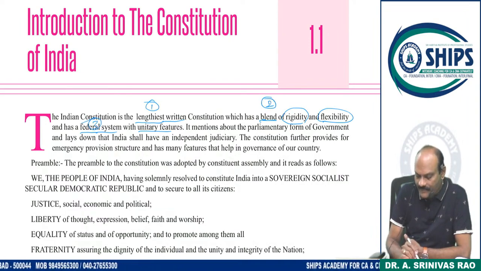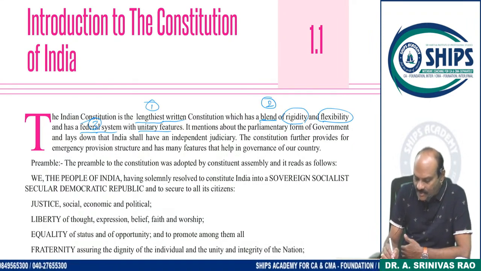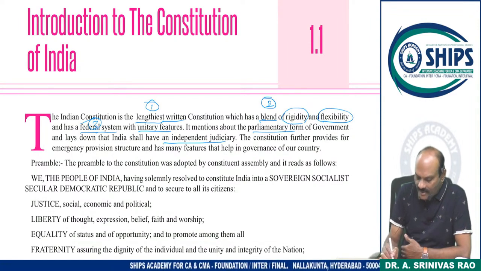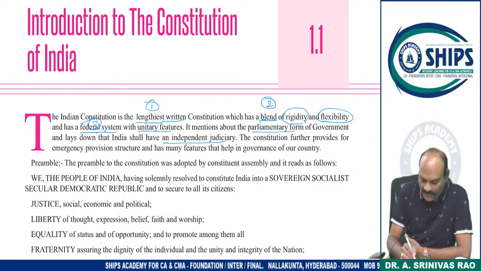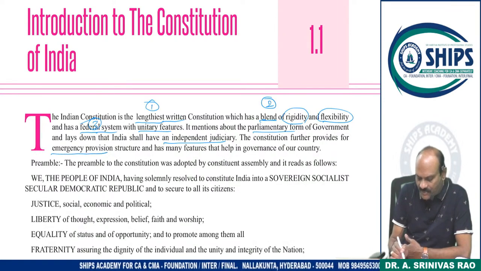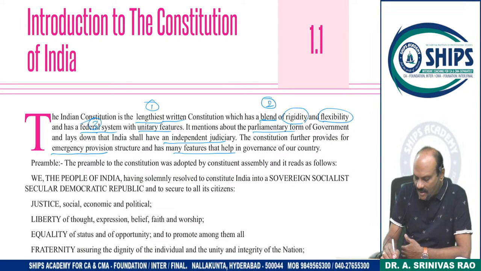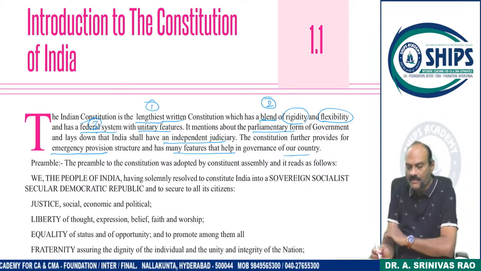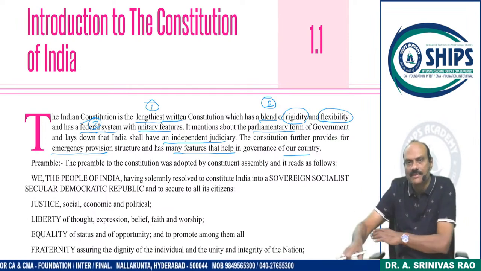Then you can give the interpretation. It means a parliamentary form of government, lays down that India shall have an independent judiciary, and the constitution further provides emergency provisions and has many features that help the governance of our country. So whenever numbering is there, try to recollect those words.